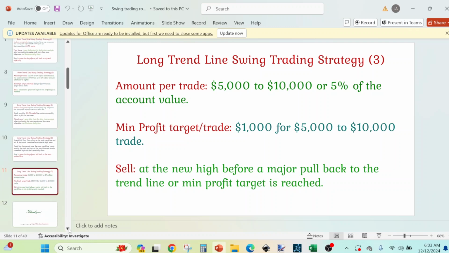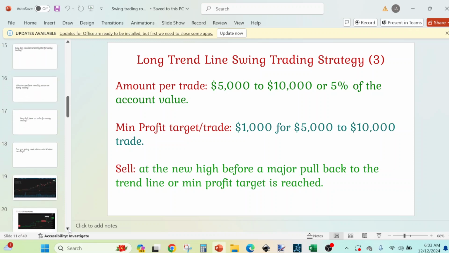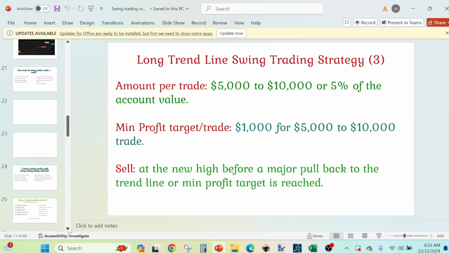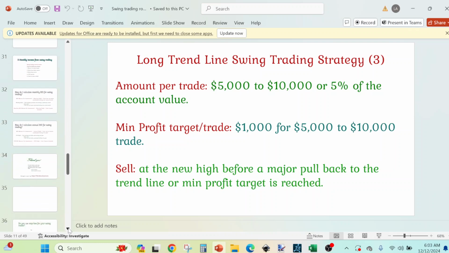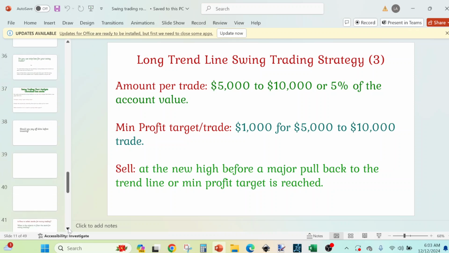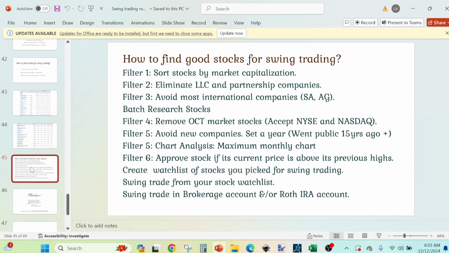And for the filters, we do have videos where we explain those filters. We evaluate stocks that we pick using those filters before we actually trade, before we actually add them to our stock watch list.